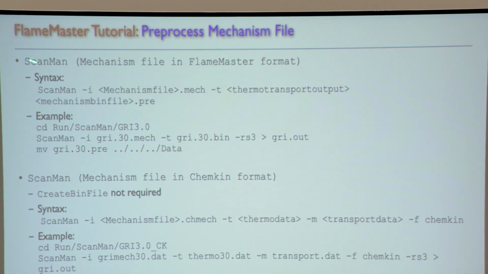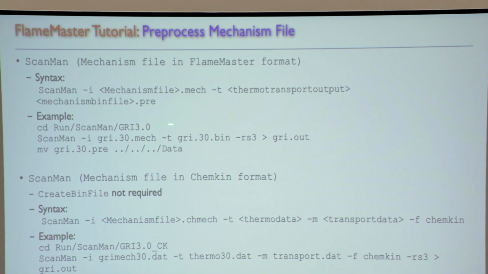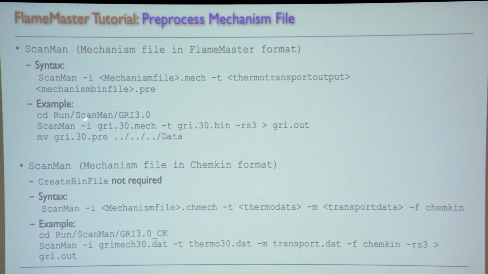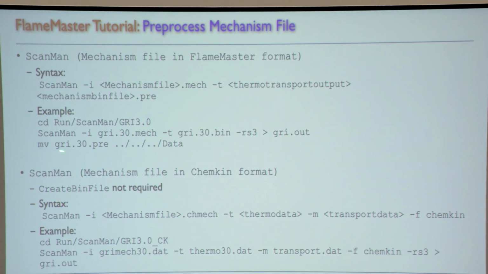And so this is how this works then. ScanMan, minus input file, minus thermodata file, and then the output file, and then here's an example, and then there are a few more options here. This is just for output really. This example uses the GRI mechanism.